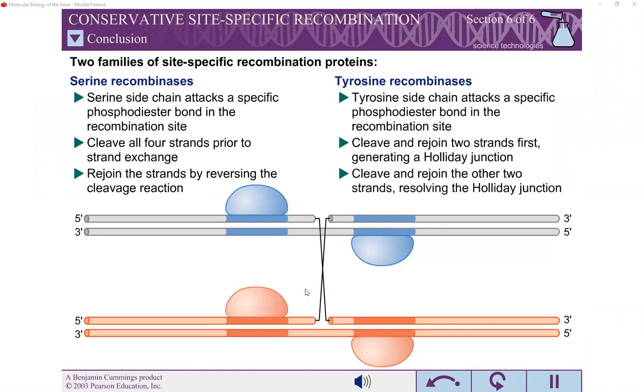The other two tyrosine recombinases then cleave and rejoin the other two DNA strands, resolving the Holliday junction. Serine recombinases cleave all four strands prior to exchange, and rejoin by reversing the cleavage reaction.